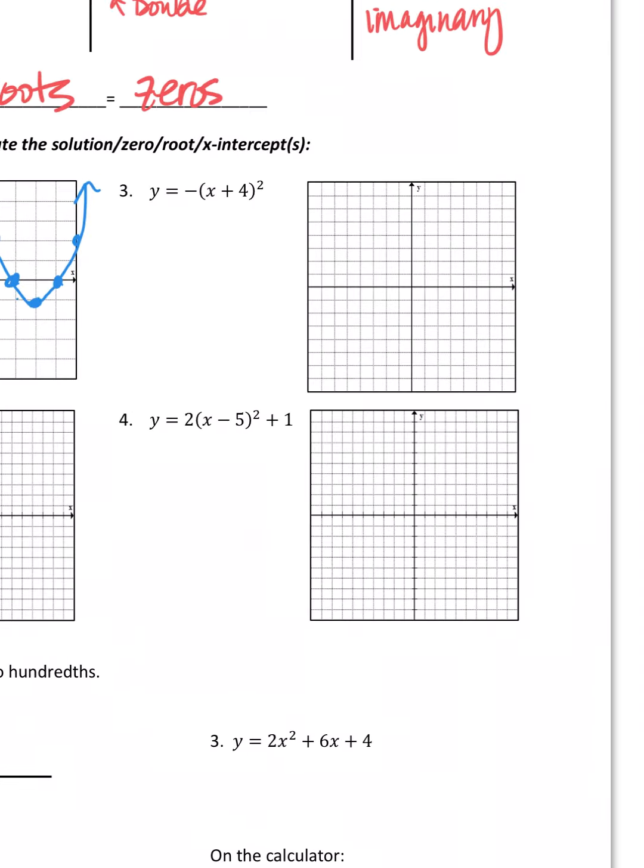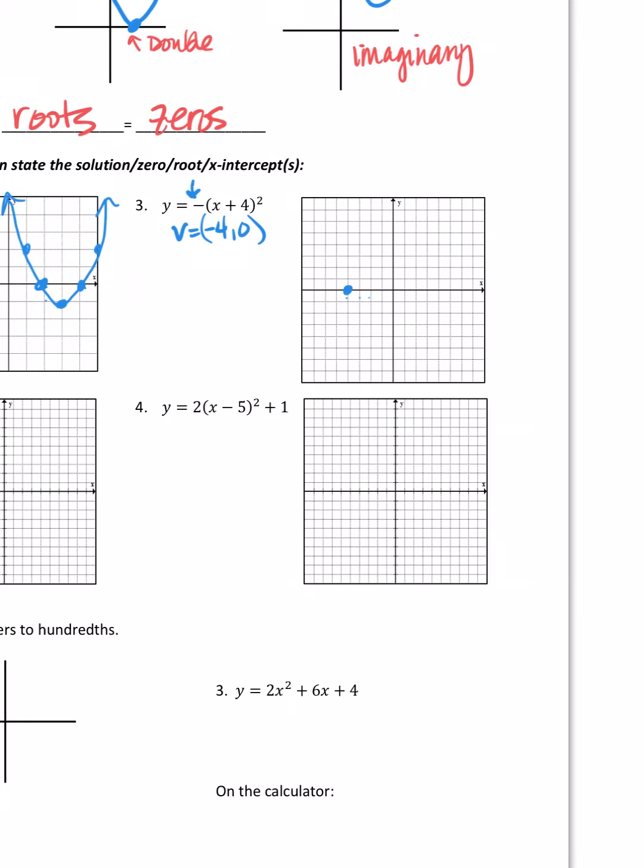Let's look at number 3. This one's going to be opening down. I hope you see that. My vertex is going to be, what, negative 4, 0. 1, 2, 3, 4. And it's opening down. Remember the negative? It means it's opening down. But it is just the regular slope. So I'm going to go down 1, over 2, down 4.